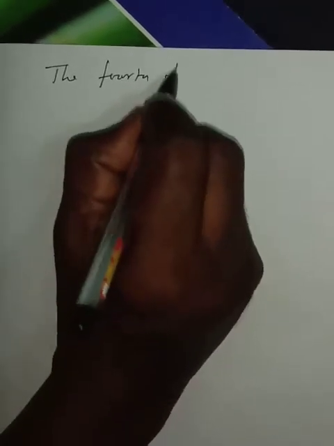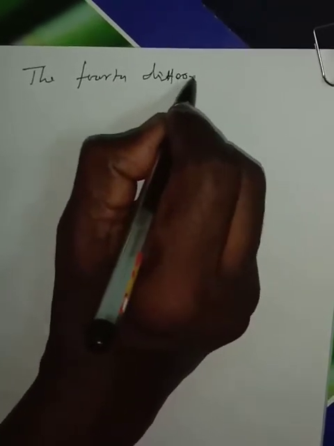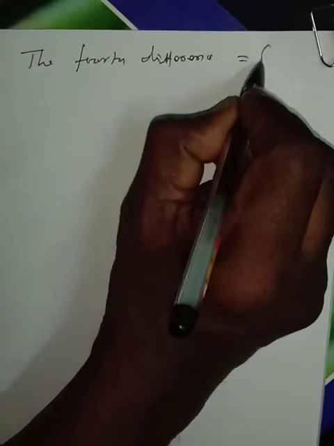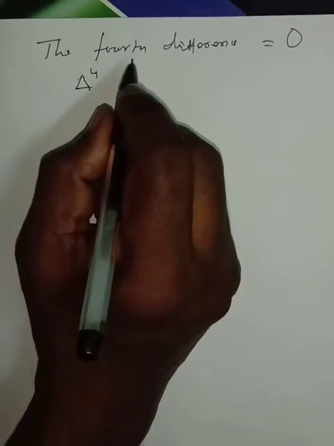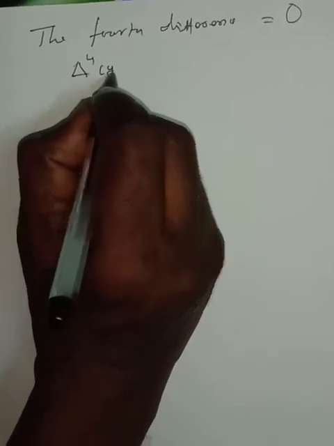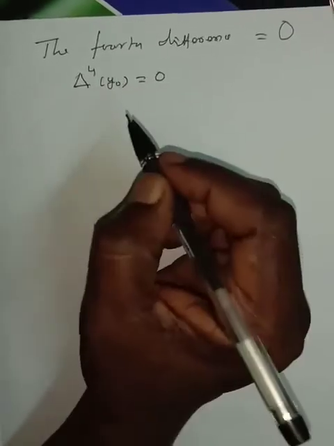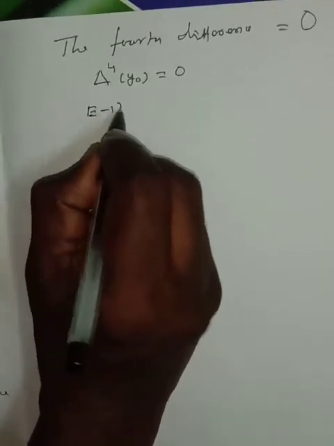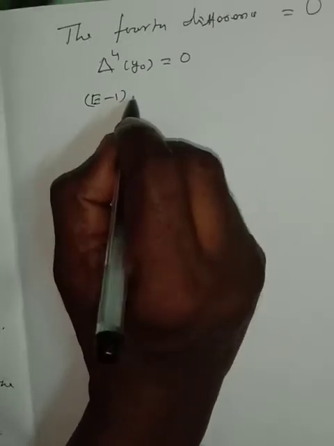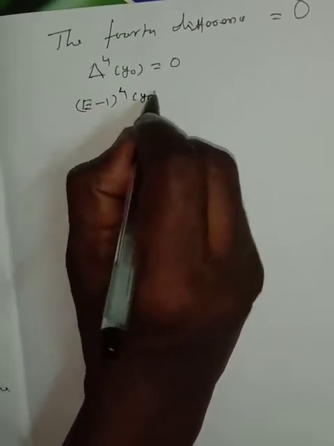The fourth difference is equal to 0. Delta 4 of y naught is equal to 0. Using the shifting operator concept, delta means E minus 1, so (E minus 1) power 4 of y naught.